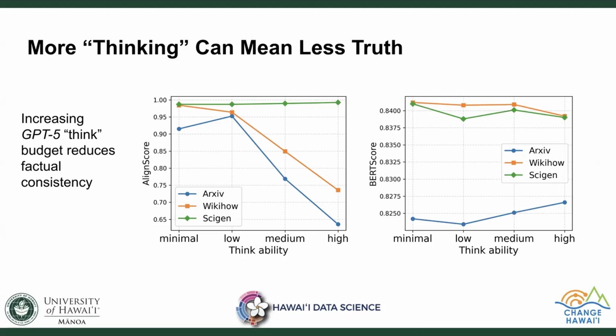And as you can see there, if we change the effort from low to high, then the faithfulness metric becomes lower. And on the quality metric, it doesn't really change a lot.